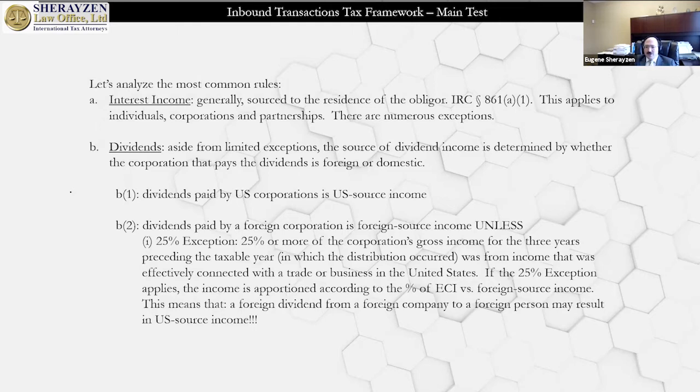So think about it. What it means is that a foreign dividend from a foreign company incorporated in a foreign country, paid out to a foreign person who lives in a foreign country, actually may result in US source income. This is a paradox. This tells you just how complex US international tax law is.